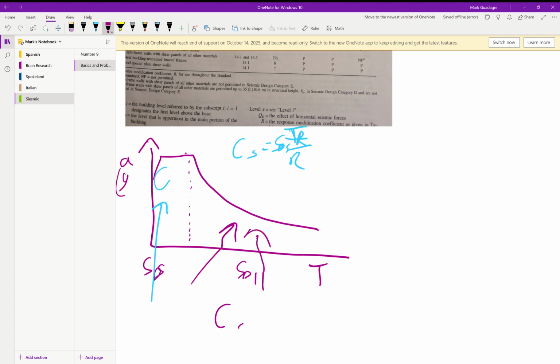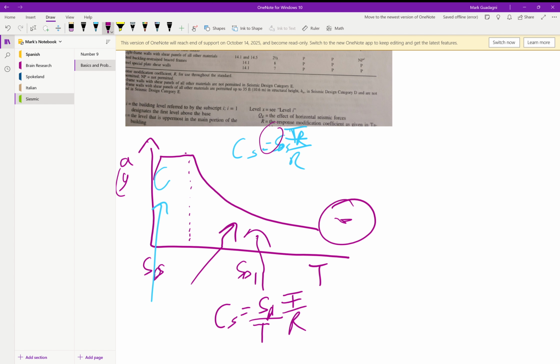And then contrasting, if it's in the longer range period, then it'll be CS equals SD1 divided by T, which is your fundamental period, and then times that same I over R. We're not going to talk about it, but if you're way out here, it's a super long period, then it'll be even a different formula.